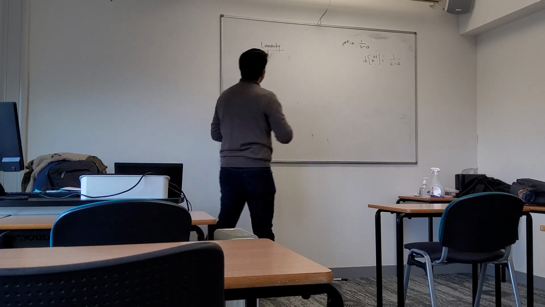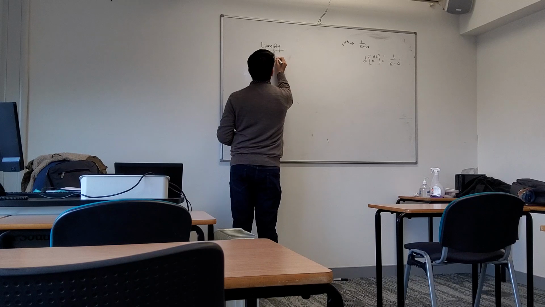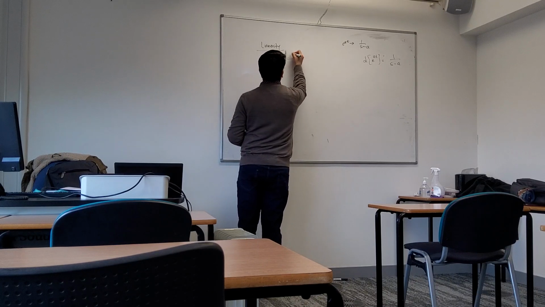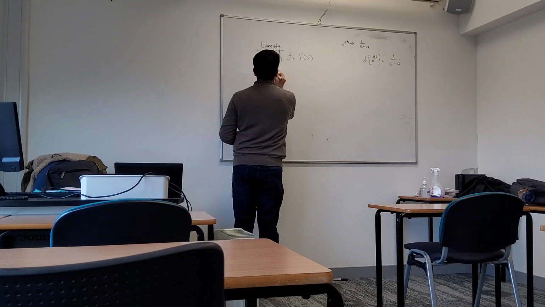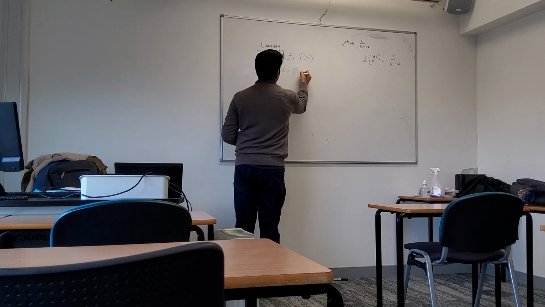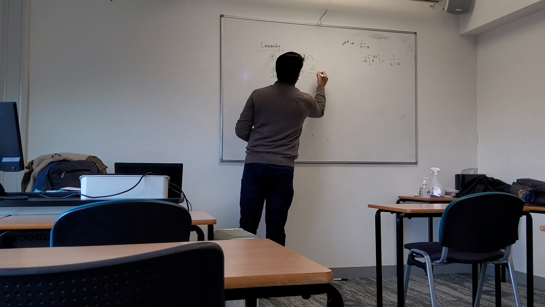Here, if f of t has a Laplace transform F of s, and we have d by dt of f of t, which is also represented by f prime of t, what would be the Laplace transform of this?